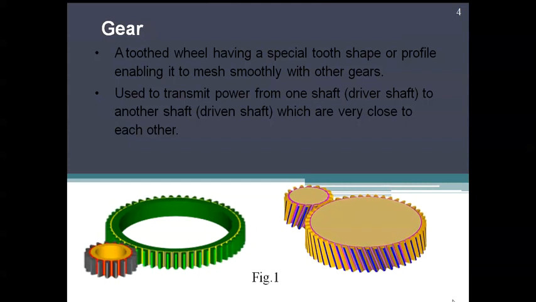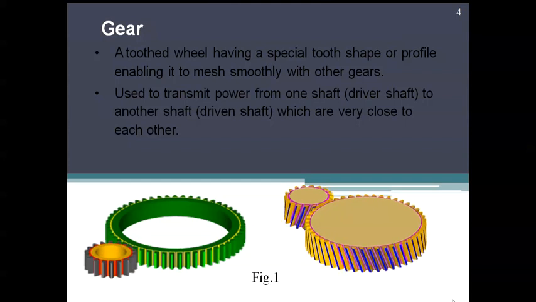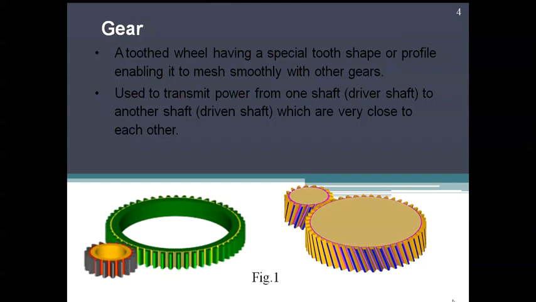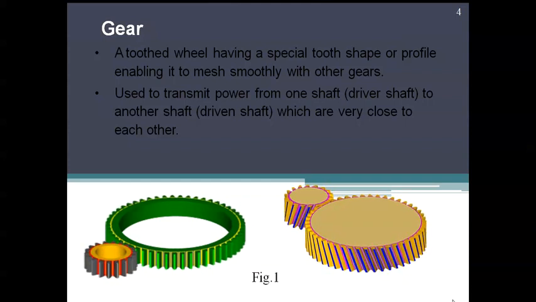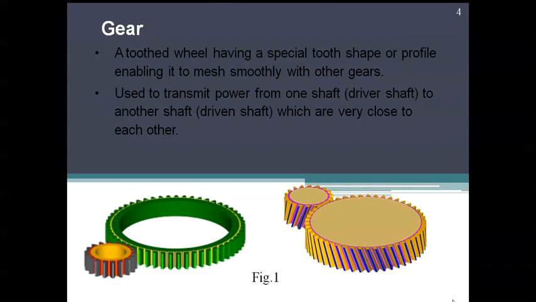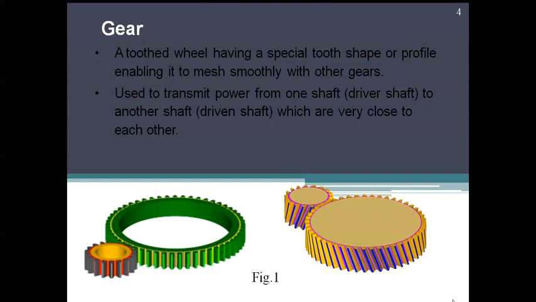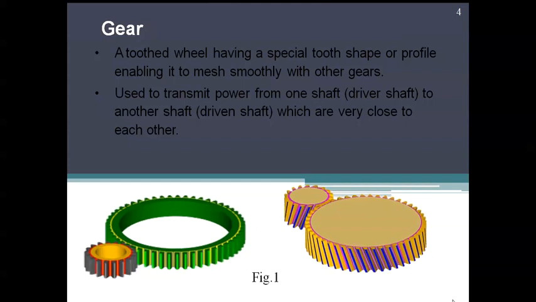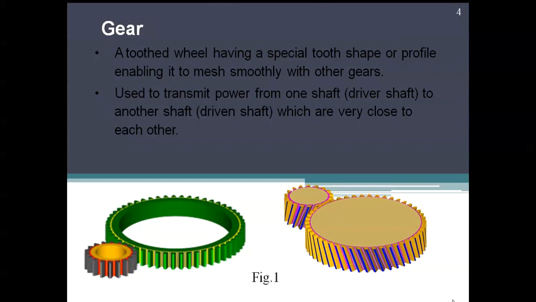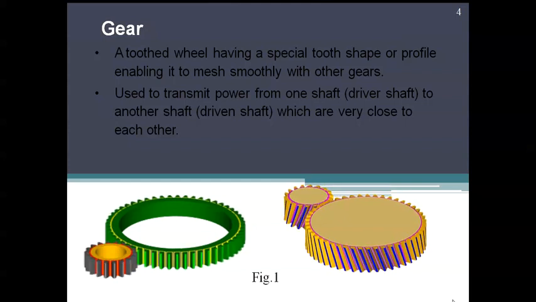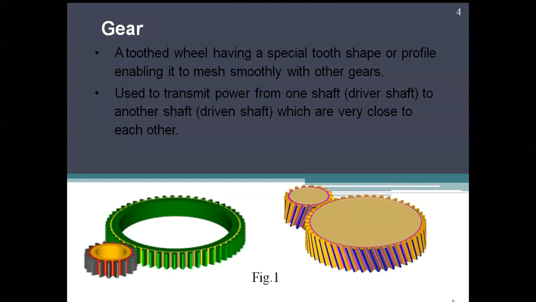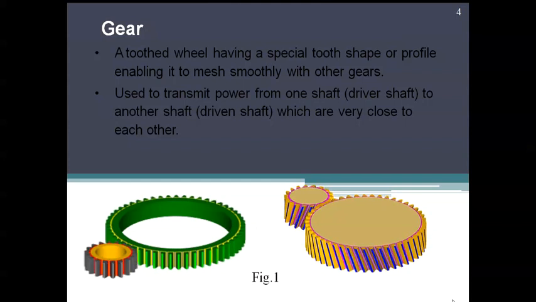Due to this slipping, the velocity ratio will be reduced. So where the exact velocity ratio is a must, and a positive drive is required, we use gears.